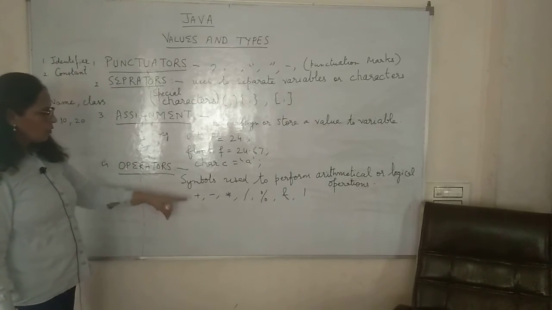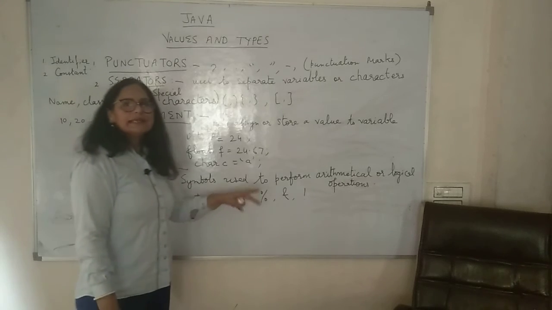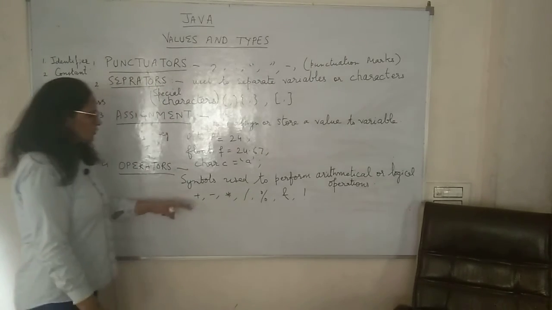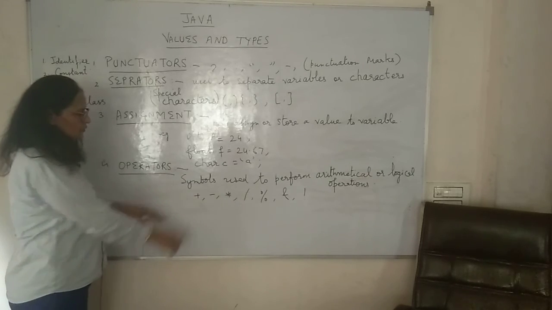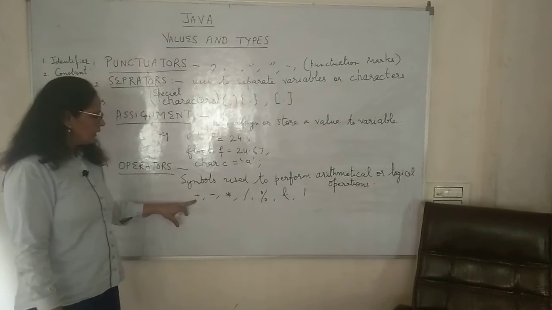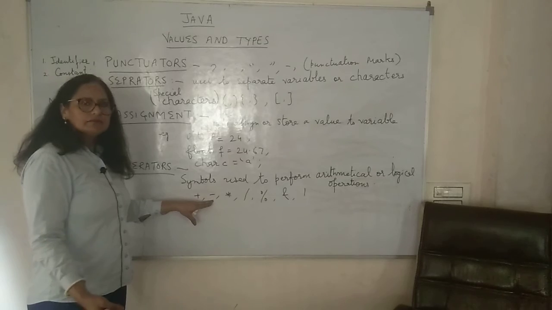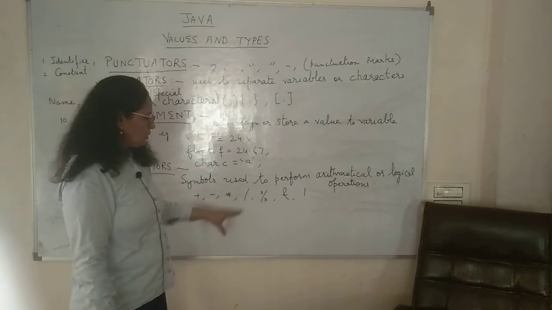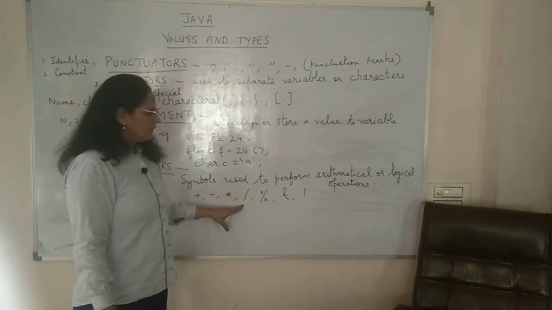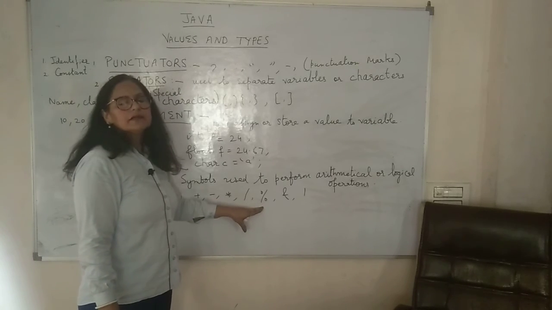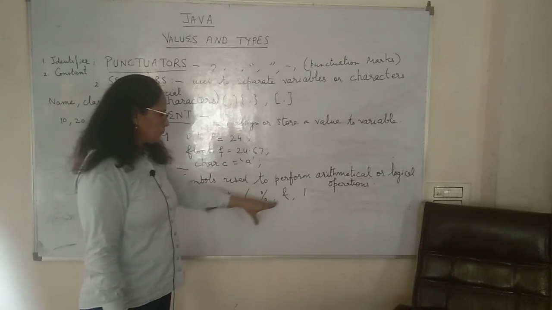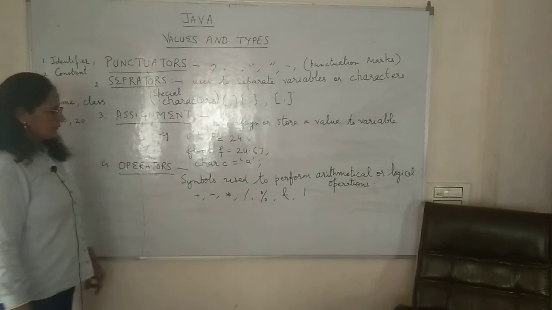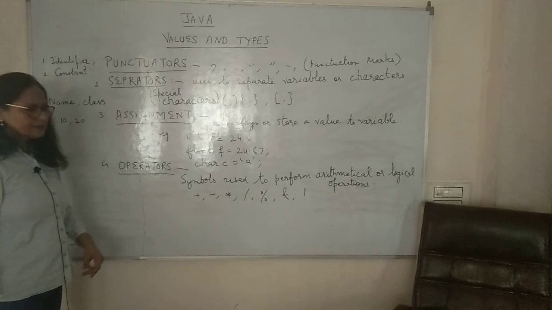But these all are operators and used in any expression to do some operation. This plus operator will add numbers, and minus operator will subtract, multiply will multiply, and this forward slash will divide, and this modulus operator will calculate the remainder, and the AND and NOT operators are used in logical operations. We'll do it in detail in our next lecture.